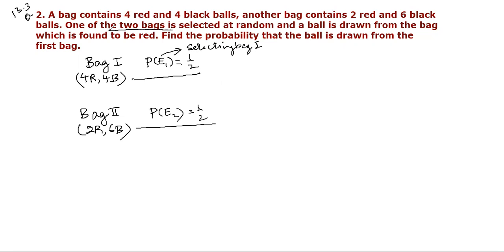So one of the two bags is selected at random, that is the first part. And a ball is drawn from the bag which is found to be red. The probability of drawing a red ball from bag 1: how many red balls are there? 4, and the total number of balls is 8, so 4 by 8.